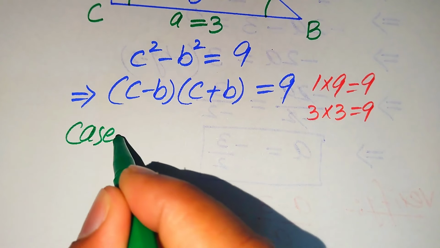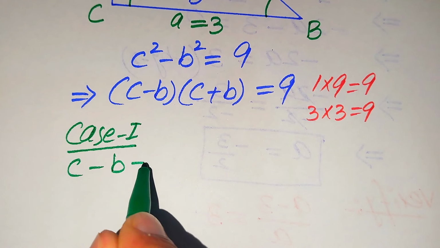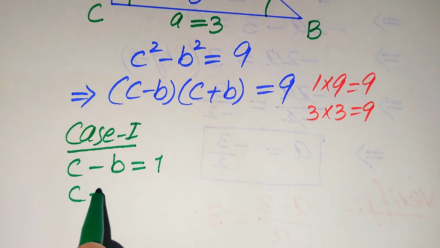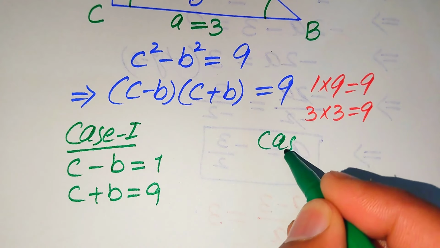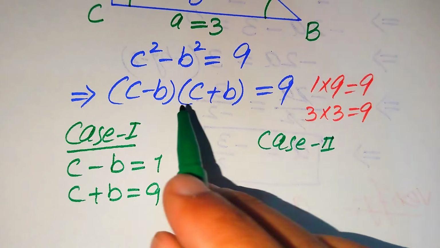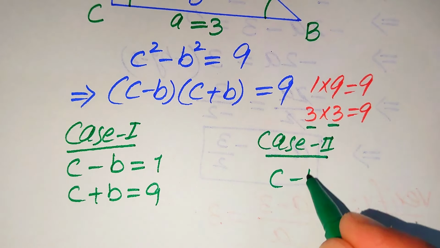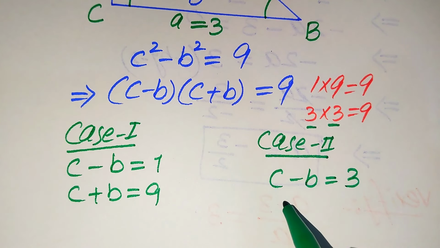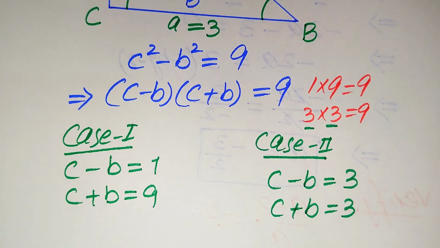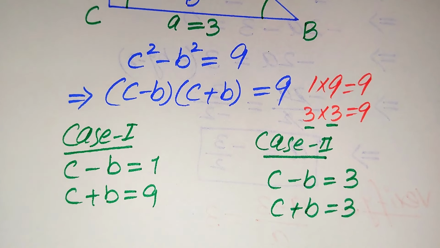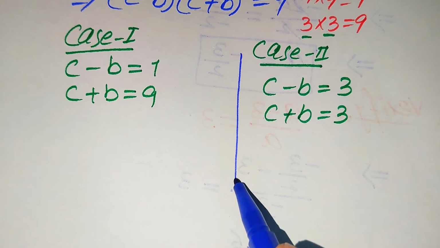The first case is c minus b equals 1 and c plus b equals 9. The second case is c minus b equals 3 and c plus b equals 3. First we solve the second case and then we move towards the first case.